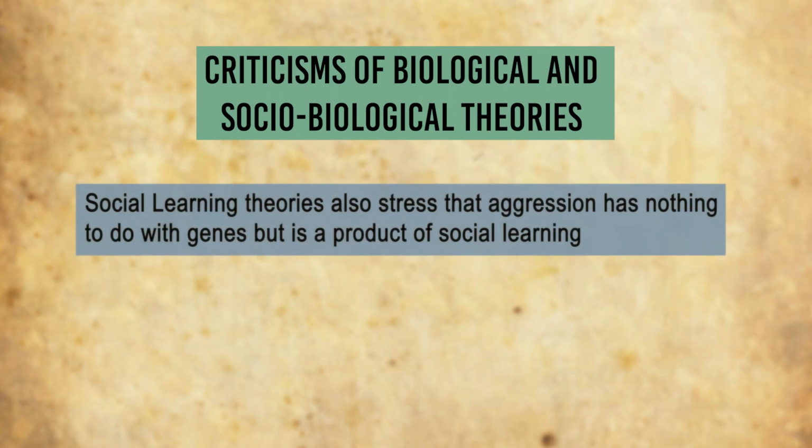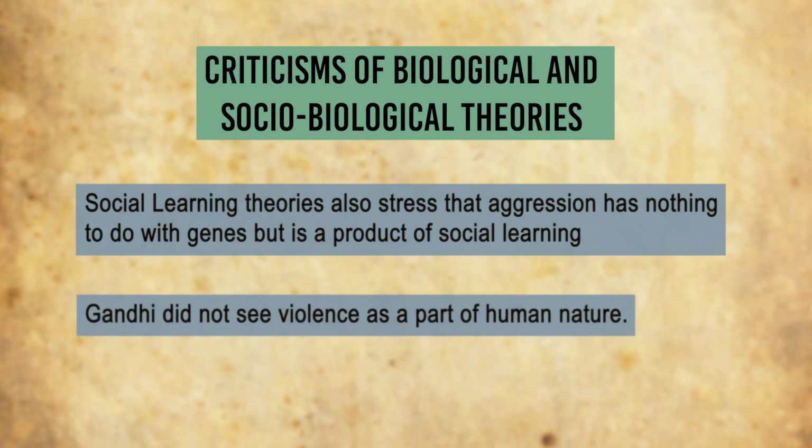Social learning theories also stress that aggression has nothing to do with genes but is a product of social learning. We learn it. Gandhi did not see violence as a part of human nature. We all know about this part.